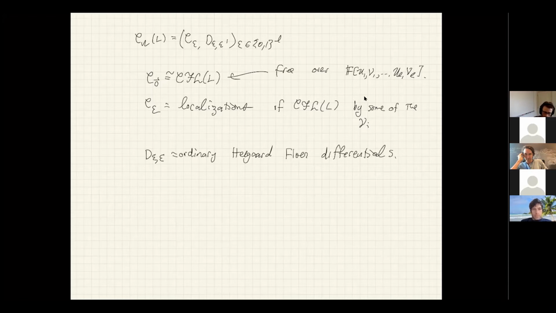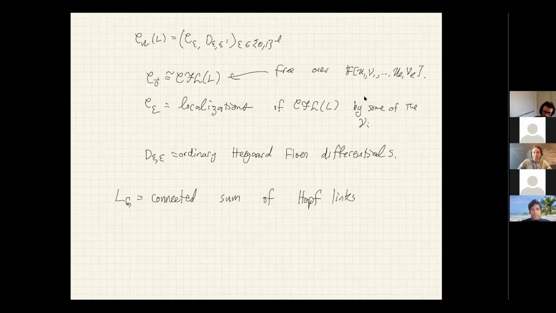In particular, in the case of a plumbed manifold, L is a connected sum of Hopf links. Well, I can just use the ordinary tensor product formula for link Floer homology.